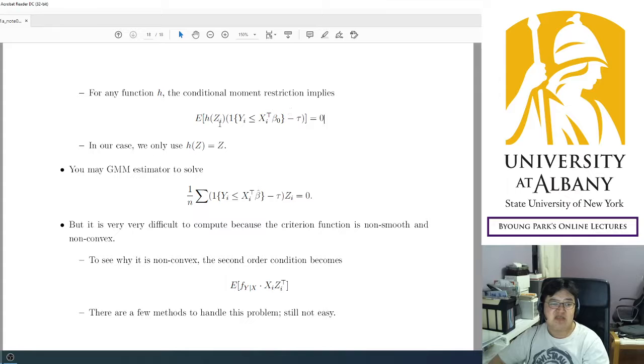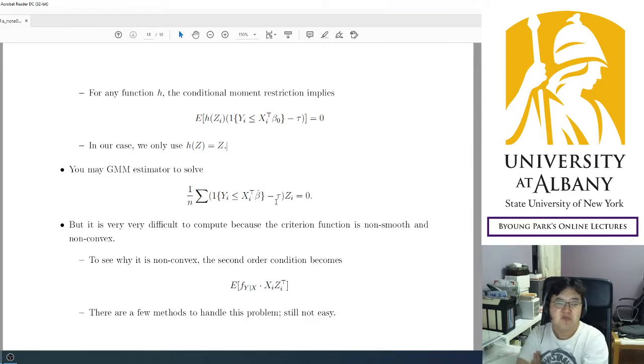So it is easy to see. And in our case, you may use a different form of h, but we are simply using z itself, the linear value itself. Then the GMM estimator solves this equals to 0.